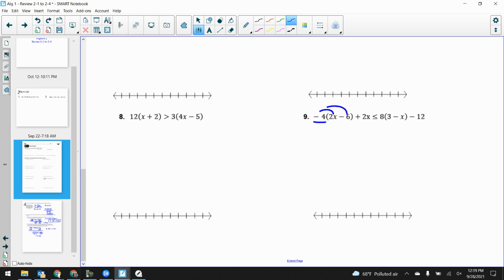Multiply in the negative 4. Negative 4 times 2x is negative 8x. Negative 4 times negative 6 is a positive 24. Bring down everything I didn't use on the left side. Now, distribute on the right side. 24 minus 8x minus 12.